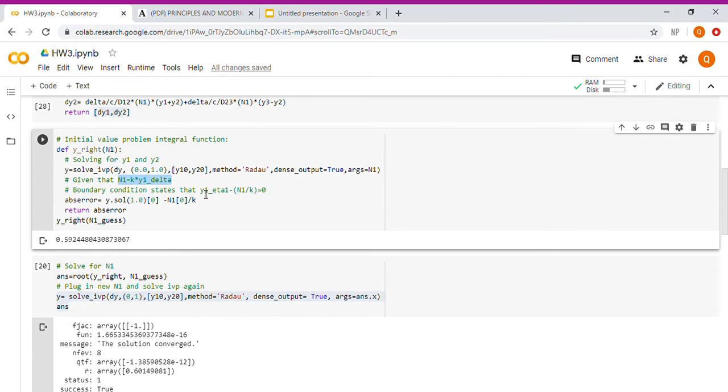So we can rewrite it as the mole fraction of the first component where eta equals 1, minus the molar flux of the first component divided by K, would be 0. So the abs0 right here basically represents this, and it's supposed to be 0. So the closer the return value of this function gets to 0, the better.